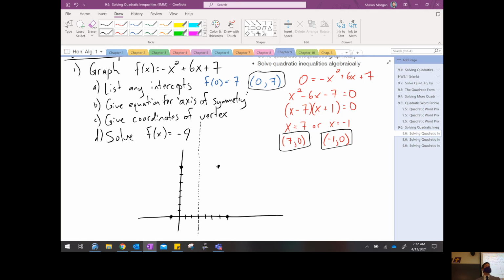Okay? The equation of the axis of symmetry, before we actually get to the coordinates of the vertex. The equation of the axis of symmetry, we noted, is a vertical line. Charlie, what do all vertical lines look like as far as their equations? They got something in common.